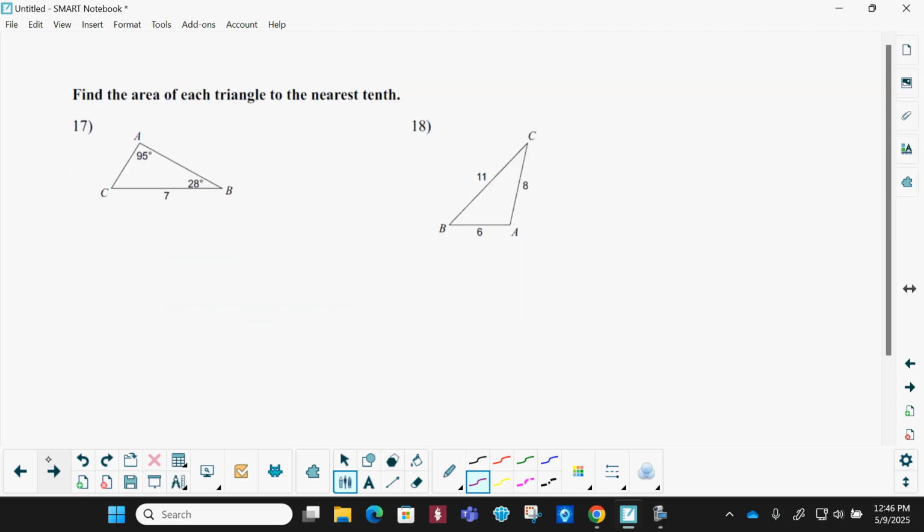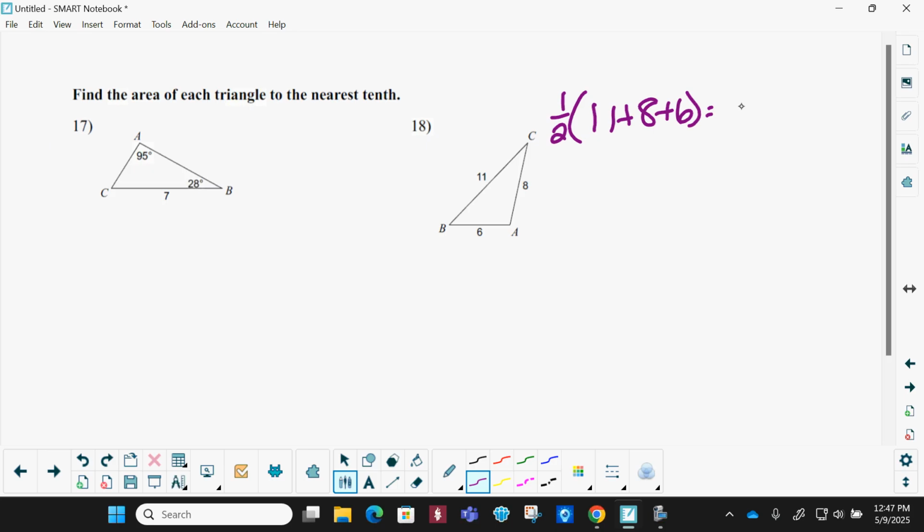Area. Okay. So area, I'm going to deal with this one first. Notice I have all three sides. So what you can do is 1/2 times 11 plus 8 plus 6. Okay, so 11 plus 8 plus 6 divided by 2, I got 12.5.